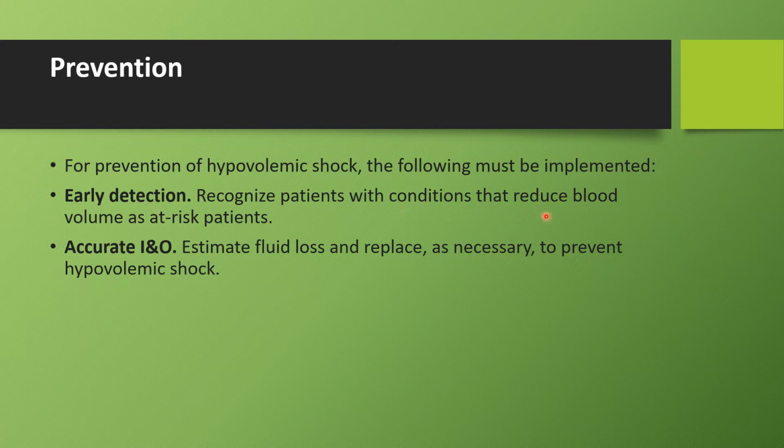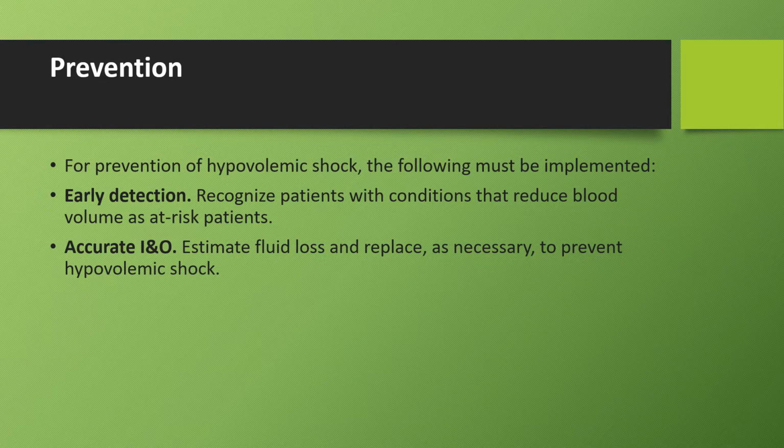Recognize the patient with conditions that reduce blood volume as a risky patient. Suppose the patient has mild dehydration, in that period itself we have to correct it. How can we correct? By fluid administration, intake of oral fluids, those things. Then we should maintain an accurate intake and output chart for this type of patient to prevent hypovolemic shock.